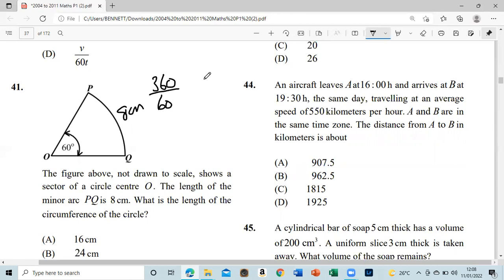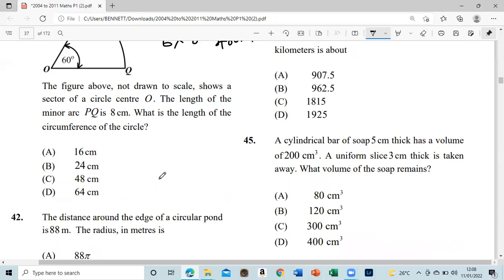Six, right? So we'll get 8 centimeters, so 6 times 8 would be 48. And that would be the perimeter. No need to complicate it, it's very simple. Perimeter is the circumference, all right? So that's very easy also. So that would be C.